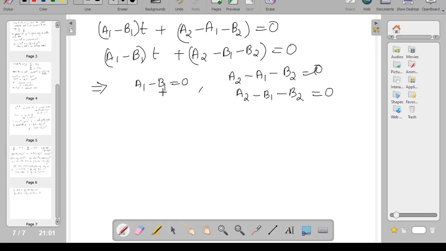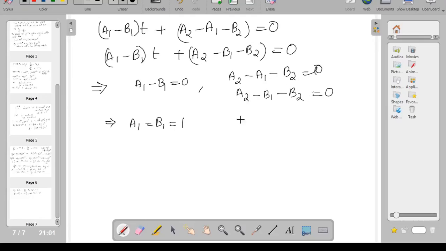So a1 minus b1 equal to 0 gives, let us take a1 equal to b1 equal to 1.